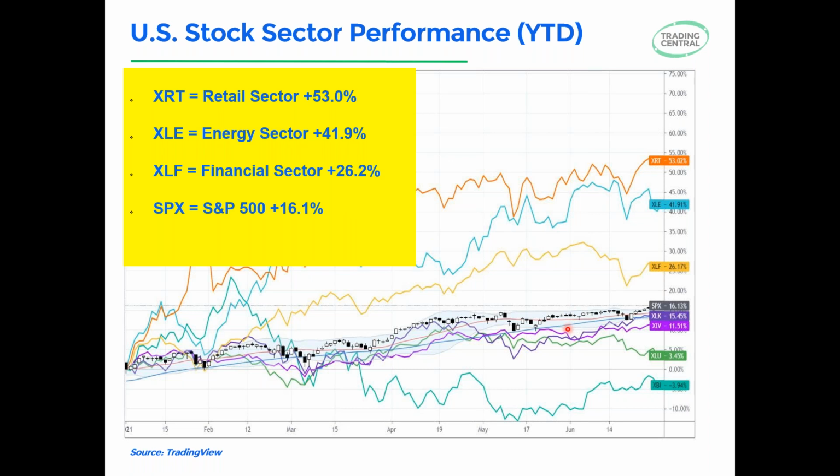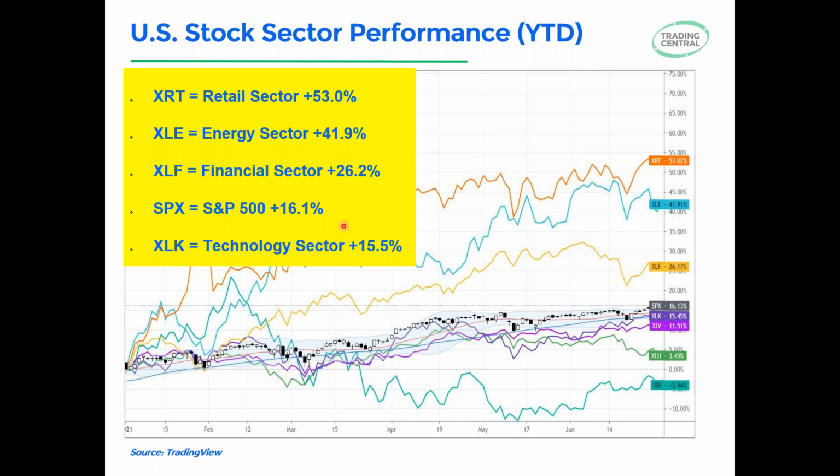Okay, what's next? The next is SPX. Do you know what SPX is? SPX is, ladies and gentlemen, the S&P 500. It is for comparison. From year start to now, year to date, the S&P 500 has increased around 16%. You can compare with other sectors then. So how about XLK?